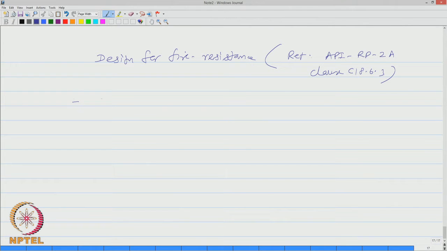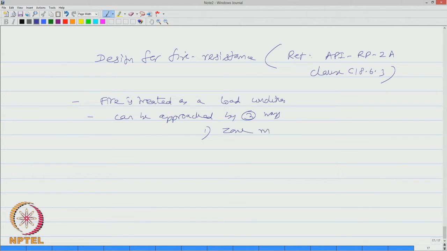In this clause, fire is treated as a load condition and can be approached in three ways. One, zone method. Two, linear elastic method, and three, elastic plastic method.